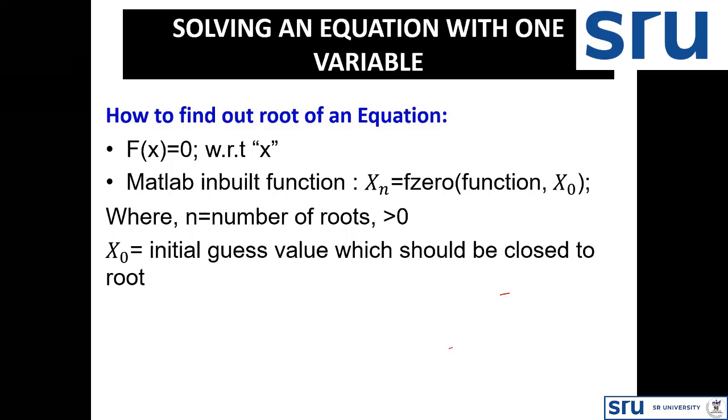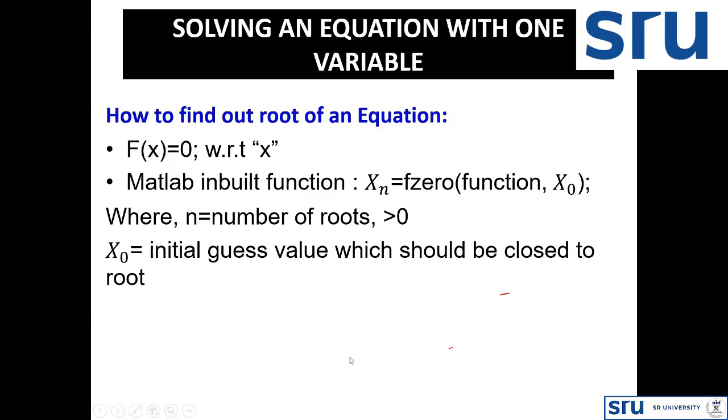Suppose 2 and 3 are the roots of that equation, so near about some value you can take, suppose 1.9, 1.6 or 1.7 or 2.1, 2.3, any initial guess value corresponding to each root. So there are two roots, so two initial guess values you have to take, and start to find the roots of the equation. After that you will get the correct roots.